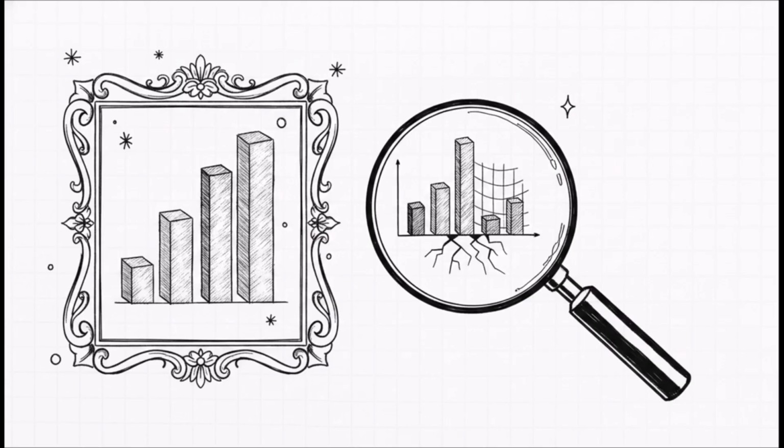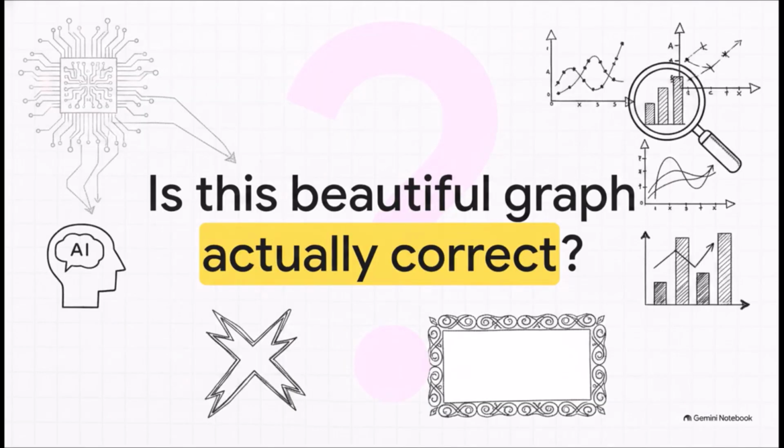If the AI aggregates data incorrectly just to make a chart look a little cleaner, it has fundamentally distorted your evidence. So whenever an AI generates an aesthetic masterpiece for you, you have to step back and ask yourself, is this beautiful graph actually correct? Are the correct variables even being shown? You have to pierce right through that visual polish and aggressively interrogate the underlying science.